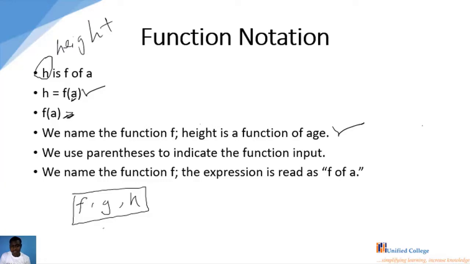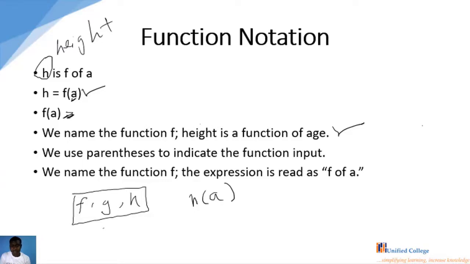Also, the notation, if you have something like f of a, or something like h of a, shows us that h as a rule depends on the input a. The value a must be put into function h to get a result.